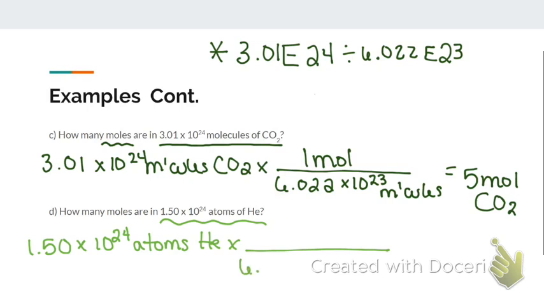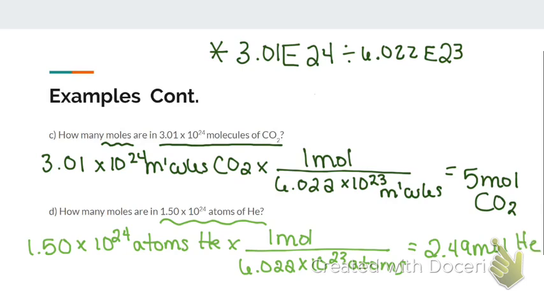So Avogadro's constant needs to go in the bottom, and 1 mole will be in the top. Again, like the previous example, mathematically what you're going to do to solve this is divide it out. So take 1.5 times 10 to the 24th, divide by Avogadro's constant, and you get 2.49 moles of helium.